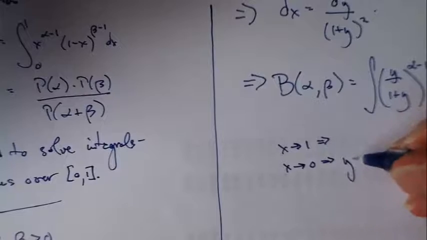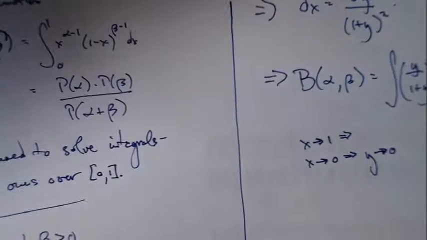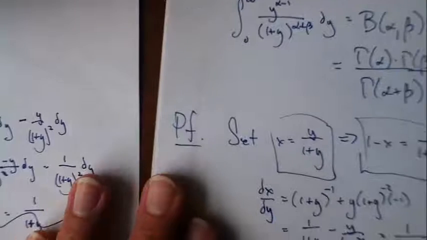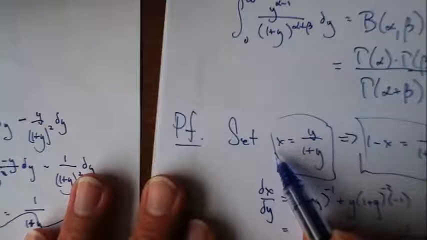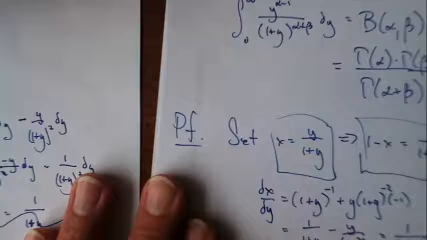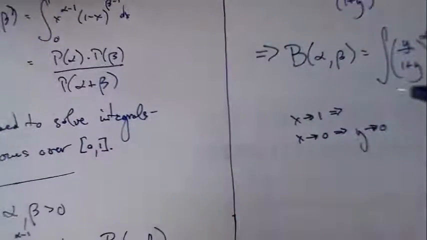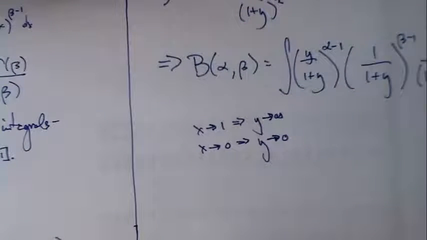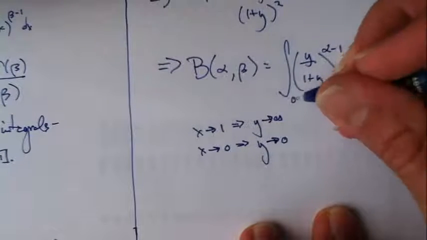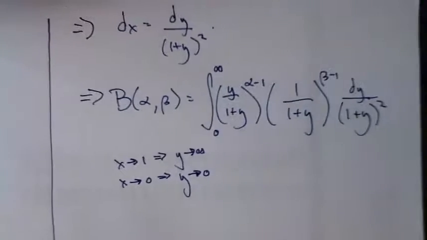So y goes to 0. Now what happens as x goes to 1? How can you get x going to 1? X is going to go to 1 as y goes to infinity, right? Okay, so y goes to infinity, like that. So really, I'm going to change my limits of integration to look like that.